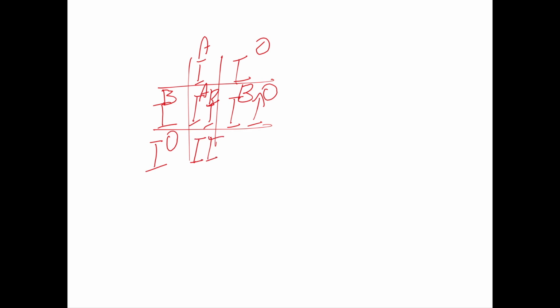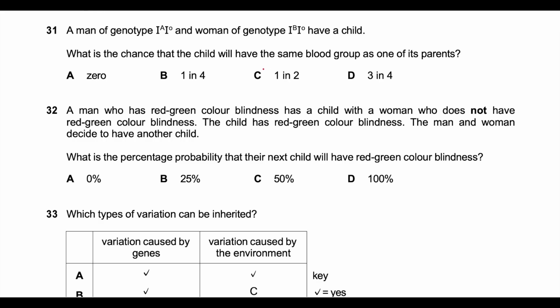Sure, you can do it. A and O, and the last one, the baby will come with O blood group. Here AB, here B with O, because A and B are dominant to O. So the chance to have blood group like their parents, as you can see, we have these two, so 50% or half, 1 to 2. So the right answer, 50%, that means it is C.